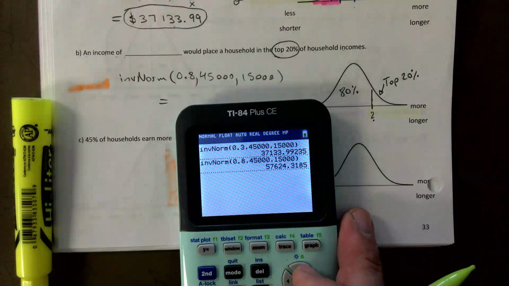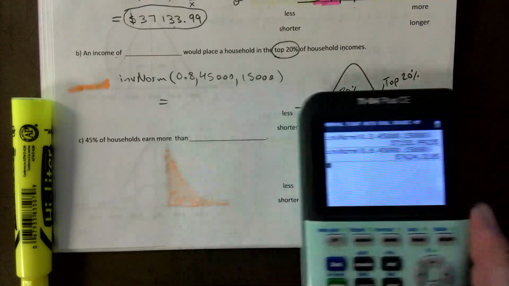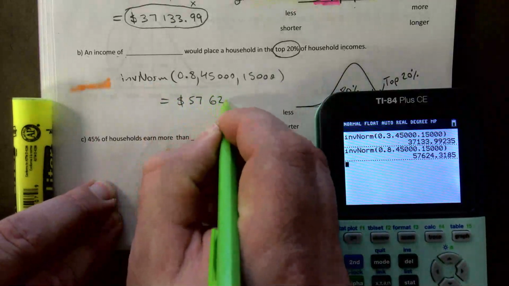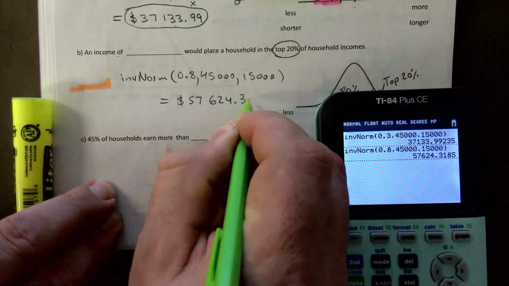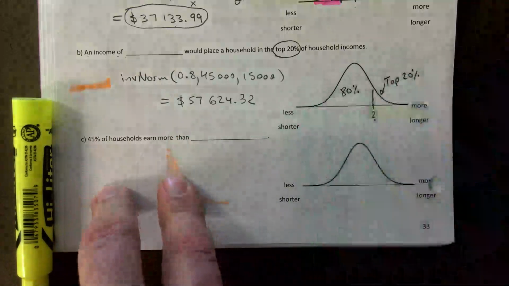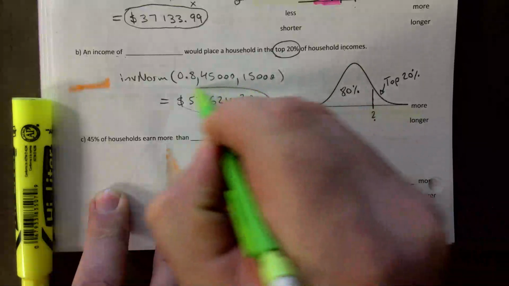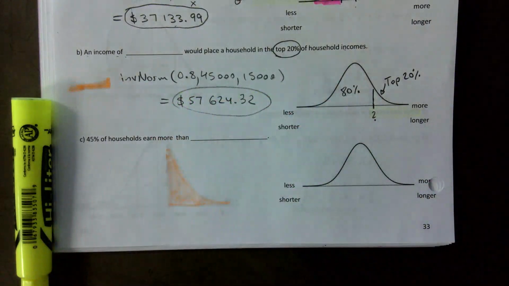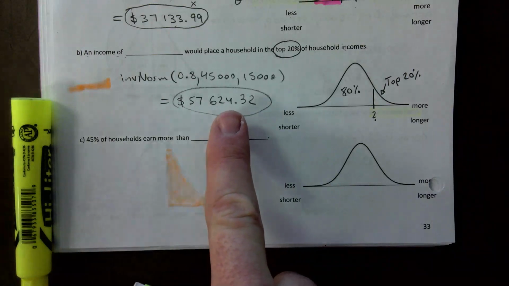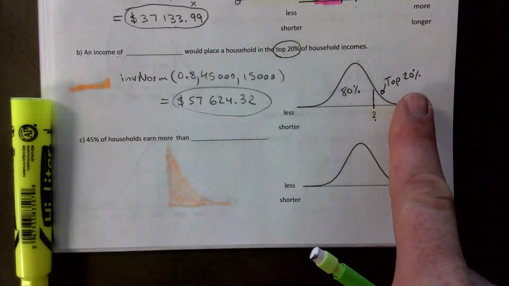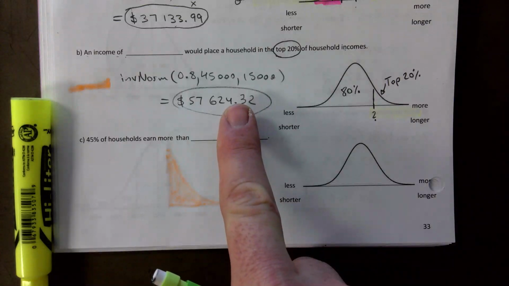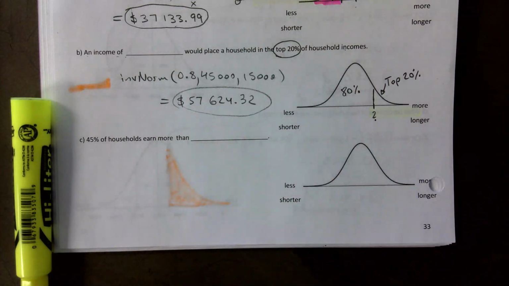And this would be 57,624. So an income of this would have, if you make this one or more, you're in the top 20. If you earn this or less, you're in the bottom 80. Think of it that way.